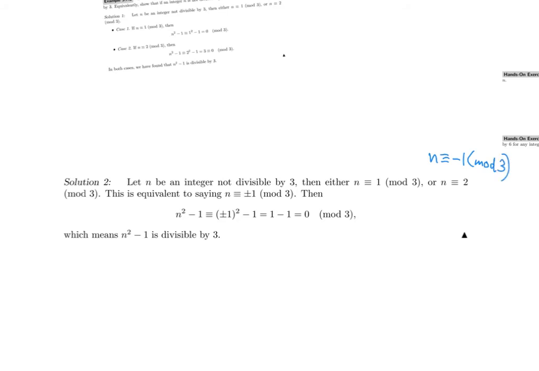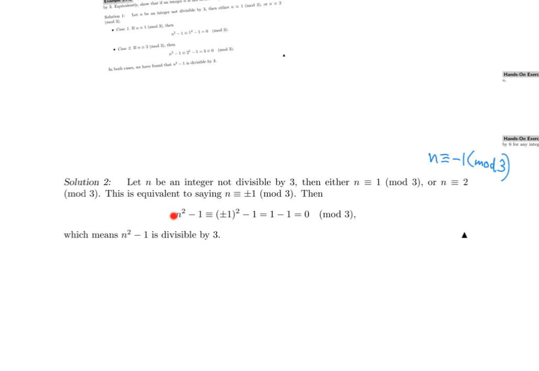Negative 1, yes, it's negative, but it's a nice, friendly number to work with, a pretty helpful number a lot of the time. So if I combine these two congruences, that's like saying n is congruent to plus or minus 1 mod 3.